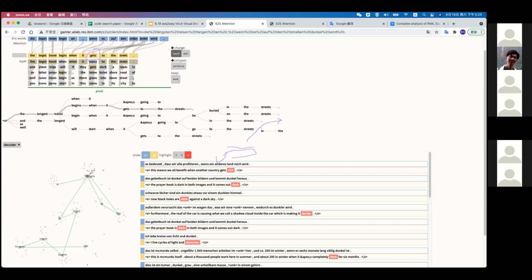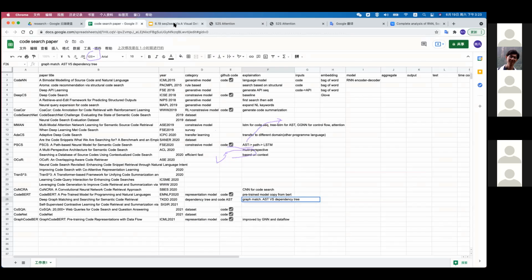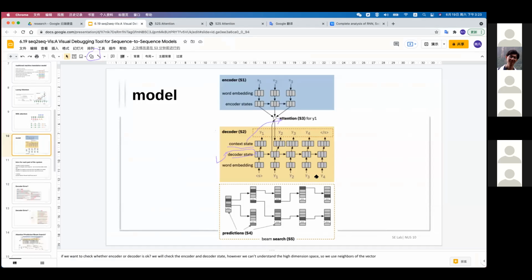And by the way, will the decoding space involve attention, or will the attention distribute to the decoding space? The attention will not influence the decoder space. It will only influence the context state.